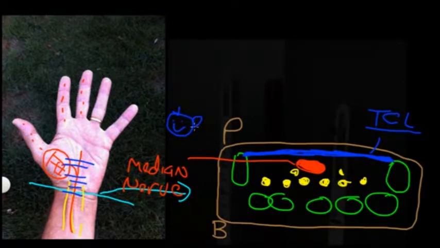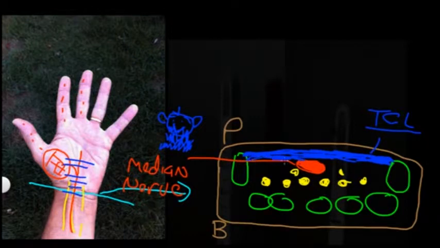But as we get older and our ears get bigger and our beard gets longer and longer, what can happen is this transverse carpal ligament can start getting thicker. As it thickens up, it starts to push inside your carpal tunnel, and it can actually start pushing on the median nerve and do exactly what I'm doing over here.